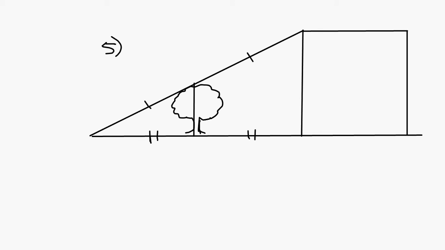They tell you that the building's 130 feet tall. Did we do this problem yet? Yeah, if the building's 130 feet tall and the tree is between the building and the end of this triangle over here, then the tree is a midsegment. Use the information. The height of the tree is going to be 65 feet.